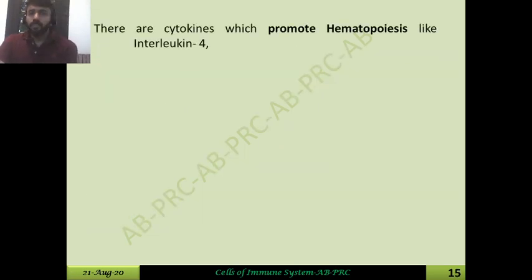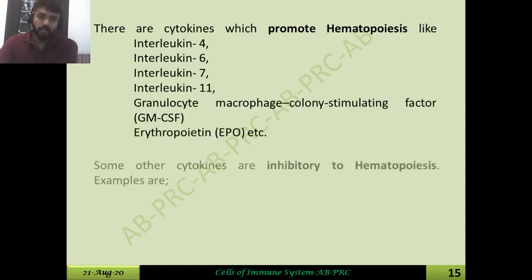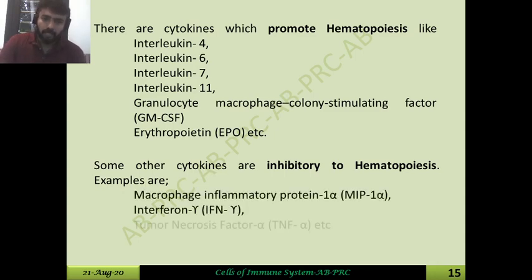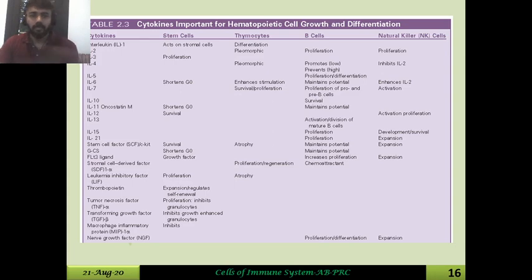Then when we talk about the cytokines, there are two categories of cytokines. One is promoting hematopoiesis, the other group is inhibiting hematopoiesis. Here you can see examples of those which are promoting, like interleukin 4, 6, 7, 11, GM-CSF, EPO, etc. Then the inhibitory cytokines are MIP, interferon, TNF, etc. These are the inhibitory cytokines, and this table will give you a detailed idea about that.